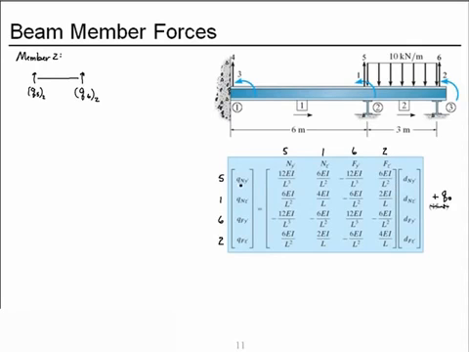Now I'm only looking for the member forces at degrees of freedom 5 and 6, so we don't need 1 or 2, so I don't need these coefficients to solve this. And if we look at deformation in degree of freedom 5, it's supported there, so it's 0.